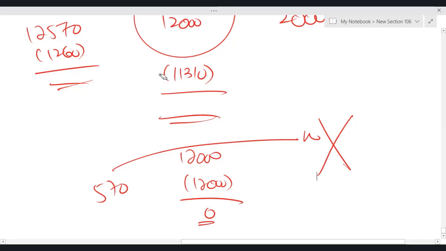Let me write here more precisely. Yes, the transfer is first. 12570 minus 1260 is 11,310. So first is the transfer.